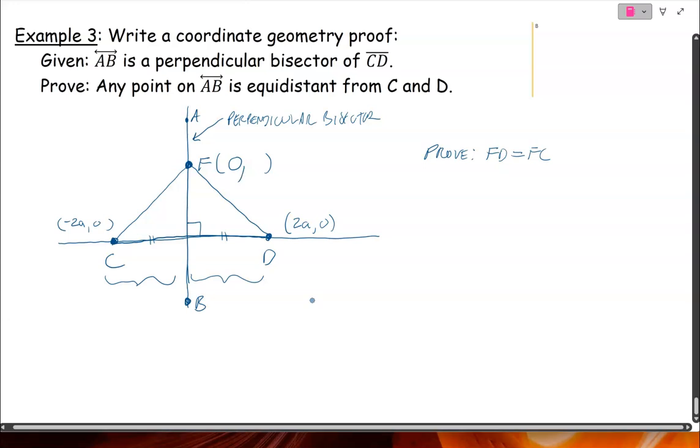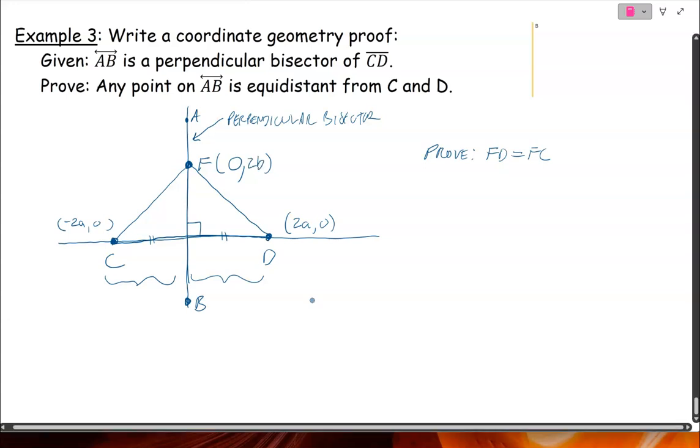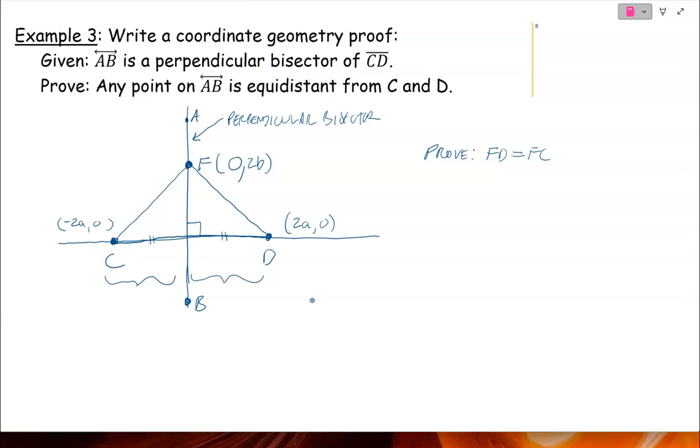X has to be 0 for any point that's on the y-axis. Now we can name the y-coordinate anything we want, so let's make it a double value. We already used the letter A, so this time we'll call this 2B. So depending on what B is, B could be literally anywhere on the y-axis.